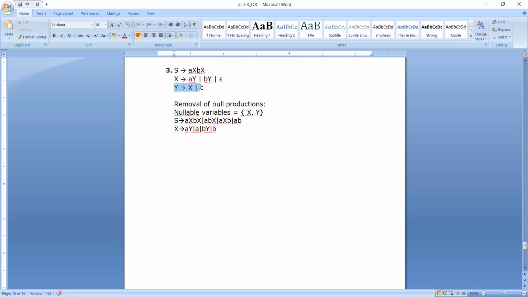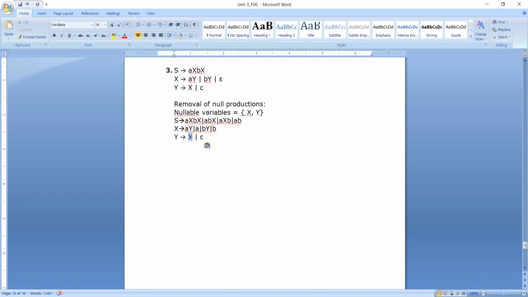Then what about the last one? Y derives to X or c. So here we have X, which is directly available. So we are going to make use of this statement as it is. Okay, we are going to write it as it is. Why?